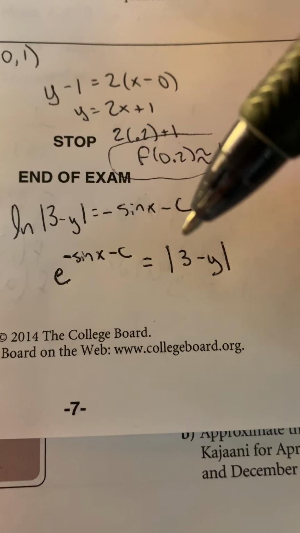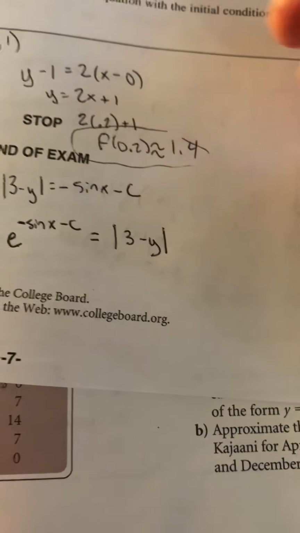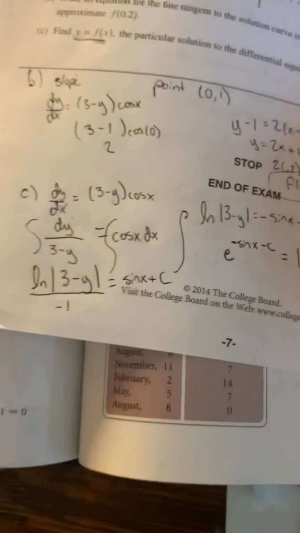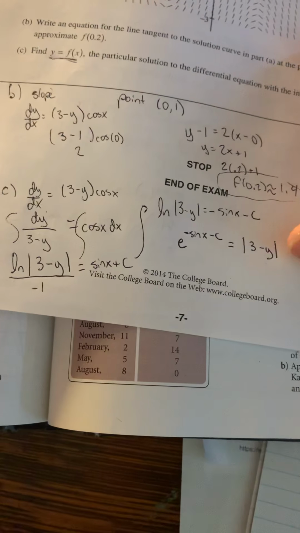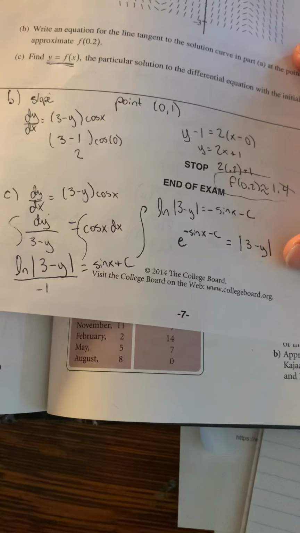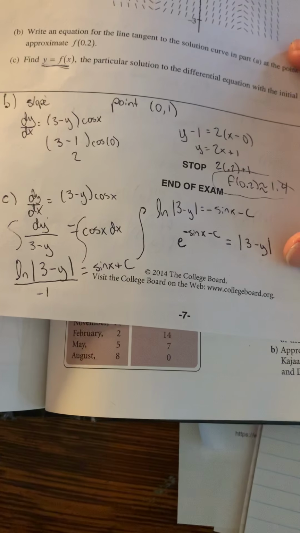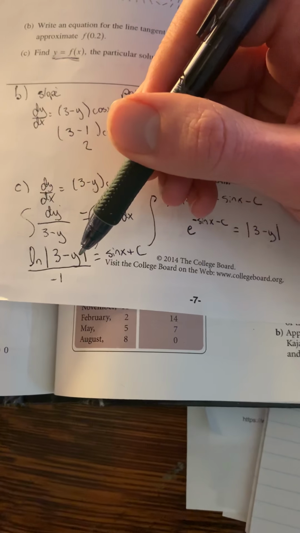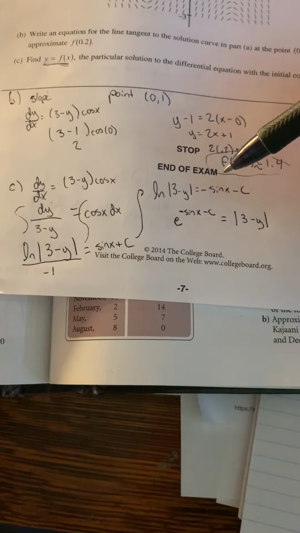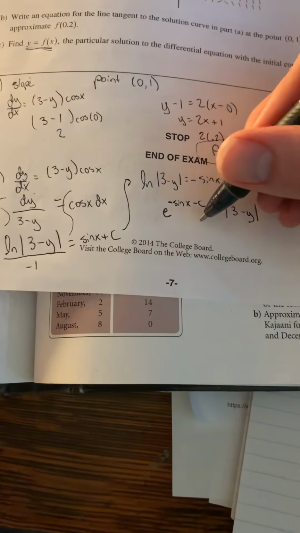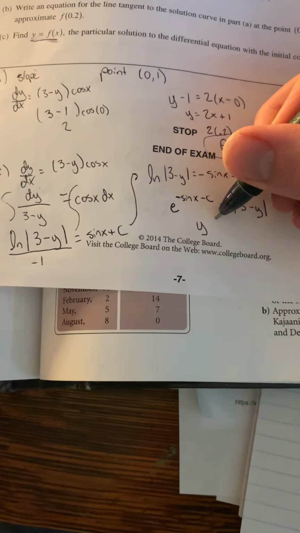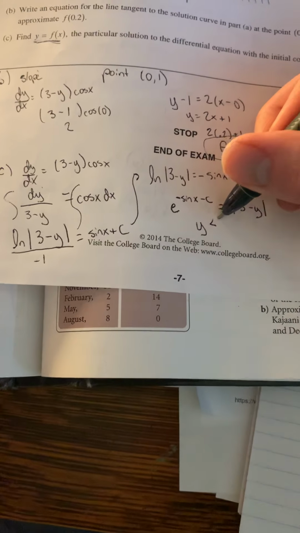I'm going to stick with y being values that keep this thing back in the original part of this expression positive. So in order to do that, I can't have y be anything larger than 3. So I'm going to start putting a restriction on my problem saying that y has to be less than 3.